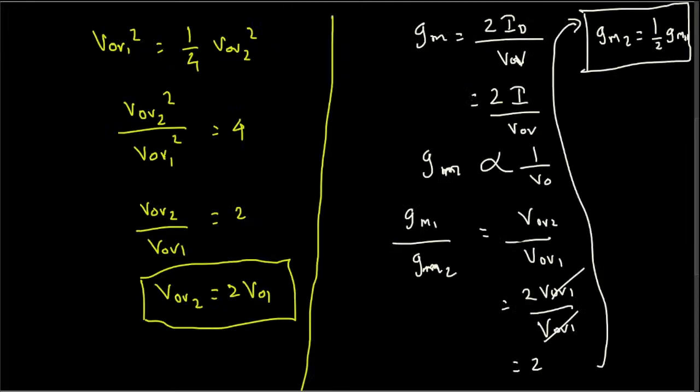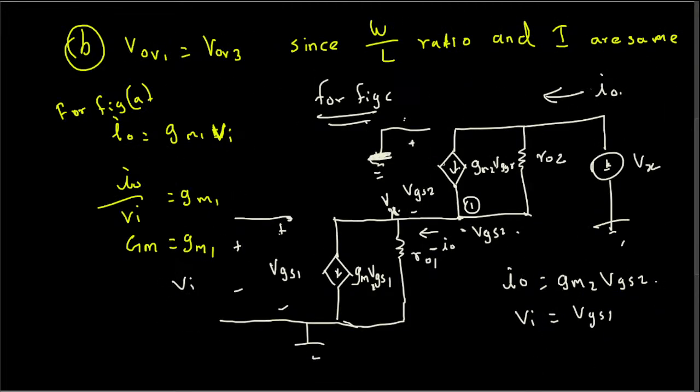And then the current going out of this one is GM1 VGS1, or you can say GM1 Vi as well.